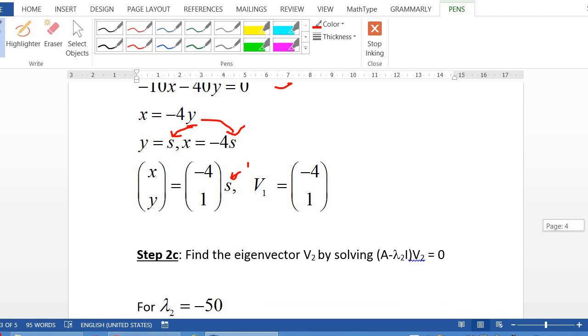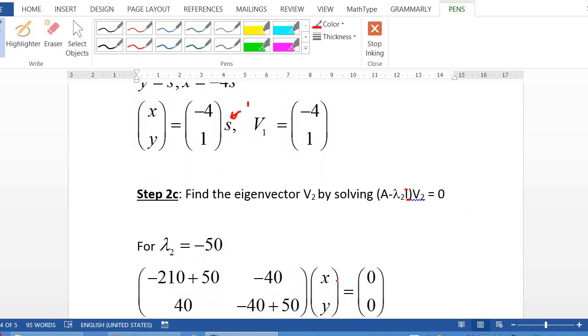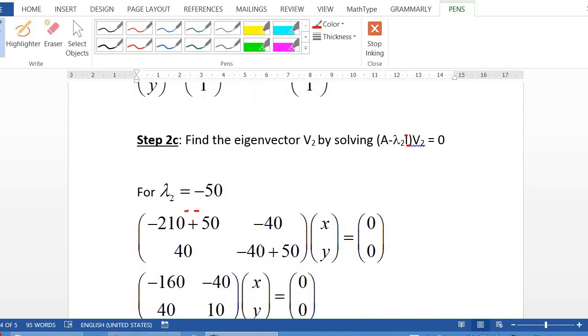Similar step: substitute lambda 2 into the homogeneous system (A minus lambda 2 I) v2 equal to 0. The v2 we let equal to (x, y). So for lambda 2 equal to negative 50, this is negative 210 minus lambda 2, which is negative 50, so negative becomes positive. Same thing with the element a22: negative 40 minus negative 50 becomes plus.